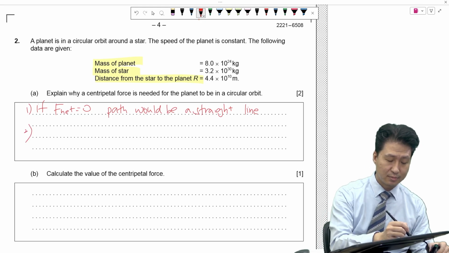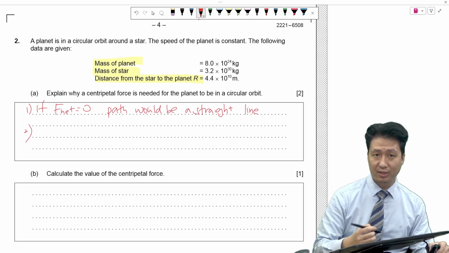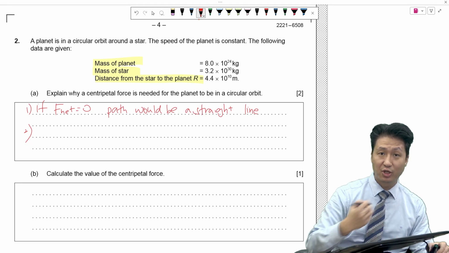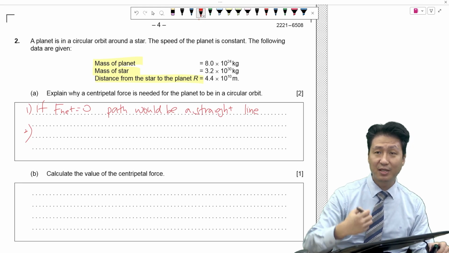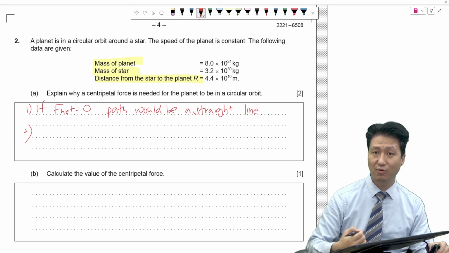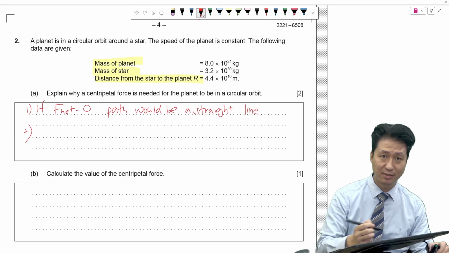Number 2, even though the speed is constant, moving in a circular path implies that the direction is changing, which means that the velocity is changing.